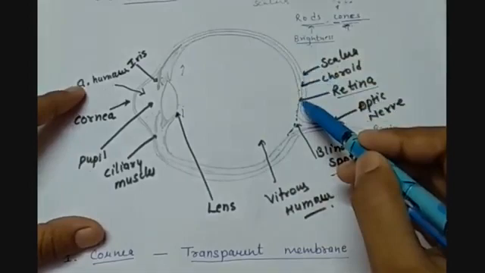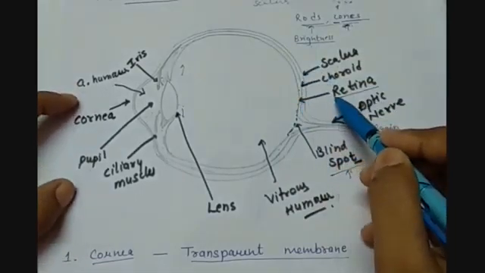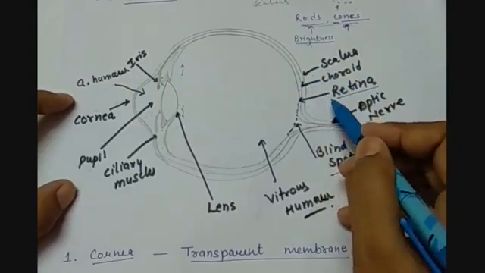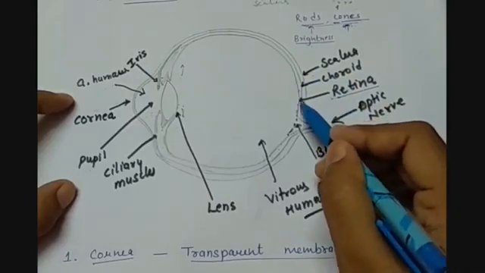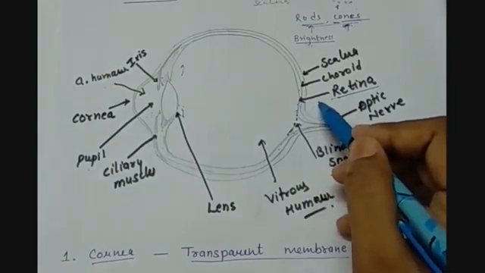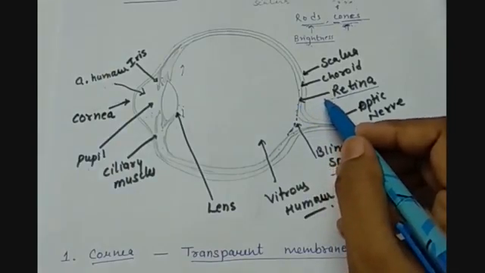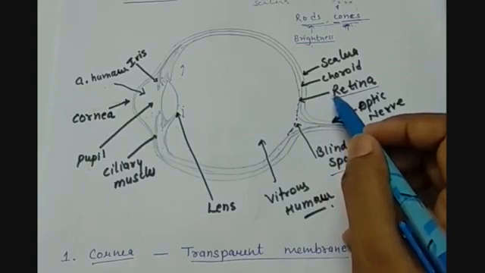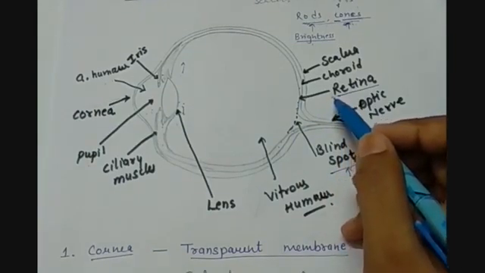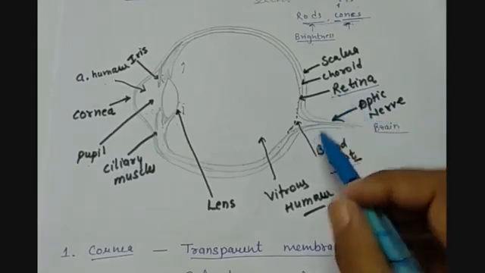The innermost layer of the eye, which is called the retina, has rods and cone cells present in it, which are also called photoreceptors. Rod cells are responsible for the brightness of the light, and cone cells are responsible for the color. We are able to see the colors because of the cone cells present in the human eye.